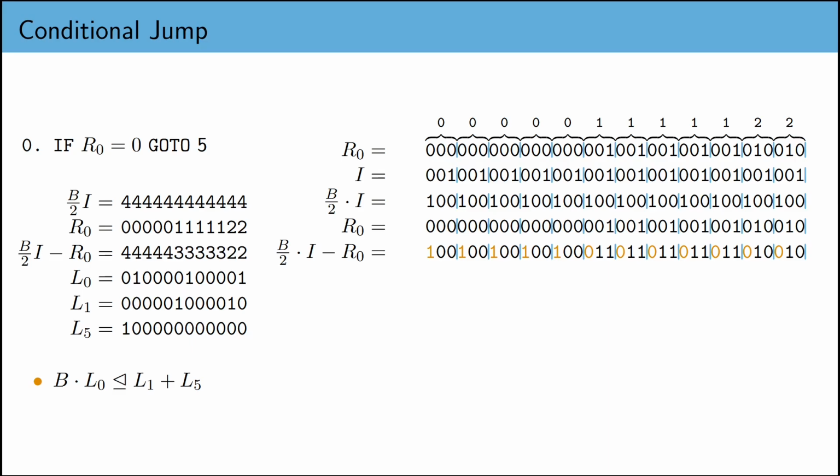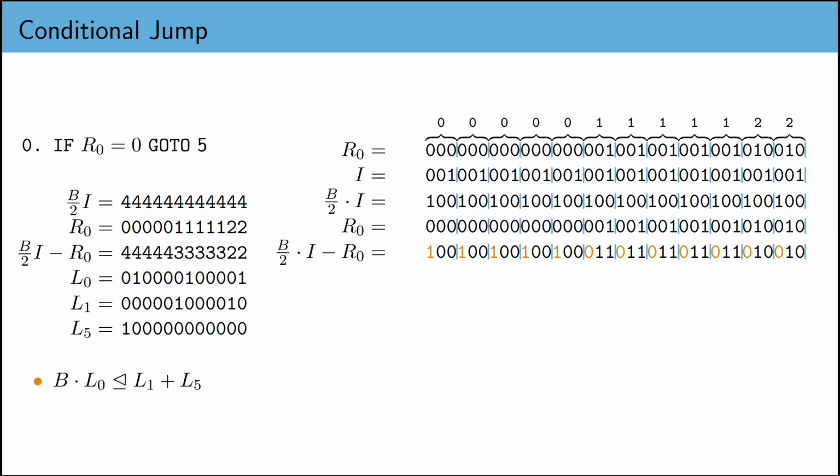So on the left, when we look at the columns where R0 is larger than 0, when we do that subtraction, we're going to get numbers like 3 and 2. And those numbers, when we expand them out in binary, are going to look like 011 and 010. And so that leading digit is going to be a 0. So that leading digit tells us it's going to be a 1 in positions where R0 is 0. It's going to be a 0 in positions where R0 is larger than 0.